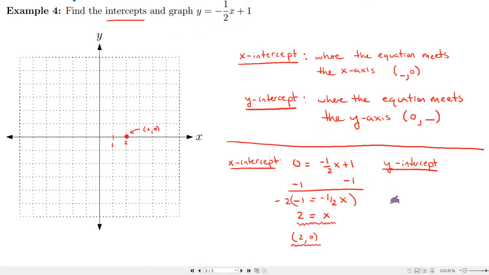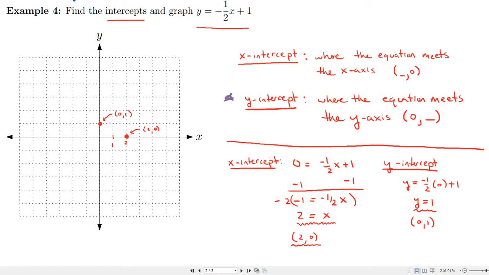So let's set that equal to 0 and see what happens. I'm going to have y equals -1/2 times 0 plus 1. Well, anything times 0 is 0, so that's just y equals 1. So then our y-intercept, the point, will just be 0, 1. So we'll put that here. So 0, 1.